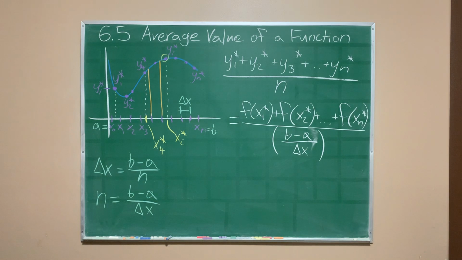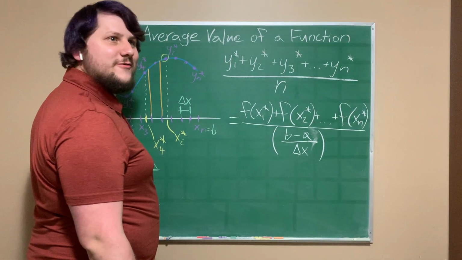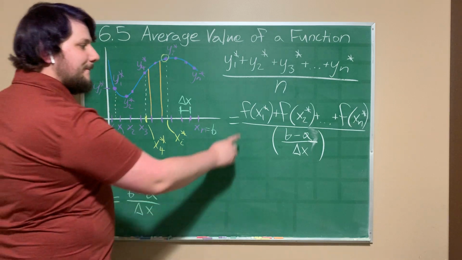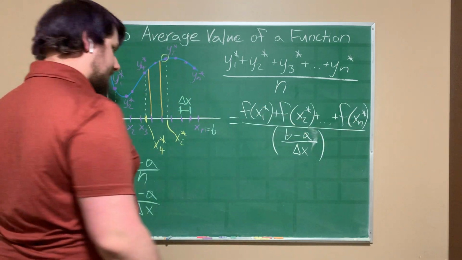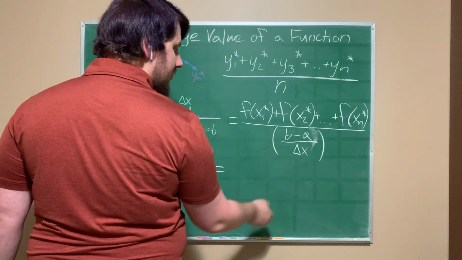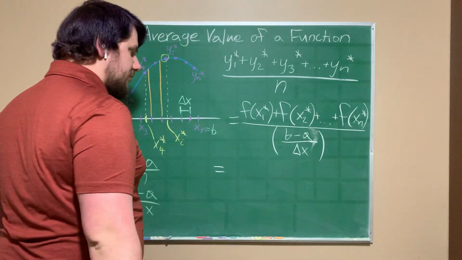All right, now we can rewrite this again. When you divide by a fraction, we can keep it, change it, flip it. This should sound familiar from algebra. We're going to flip this fraction upside down and multiply instead of dividing. So this fraction flipped upside down means that we'll have a delta x in the numerator along with these function values.